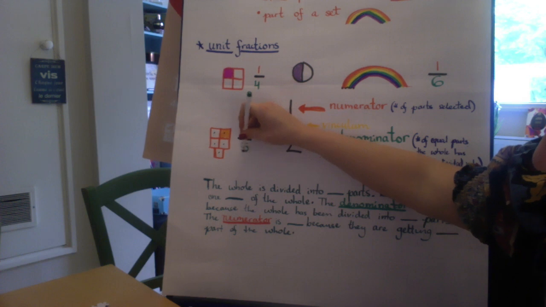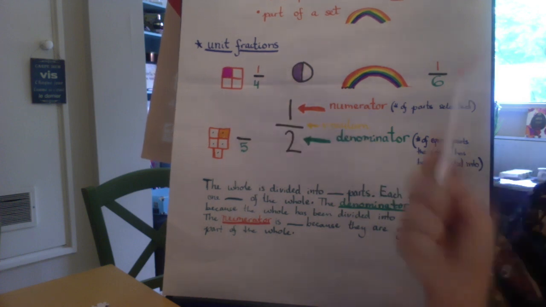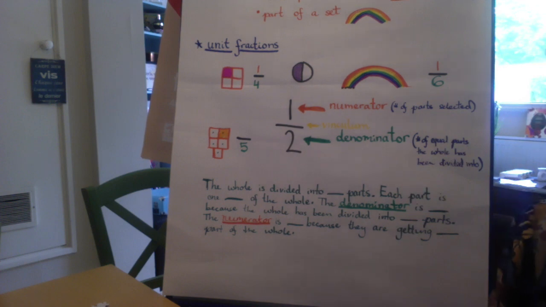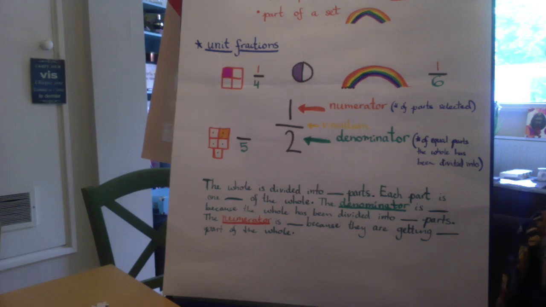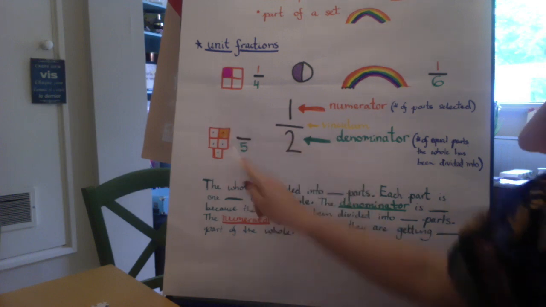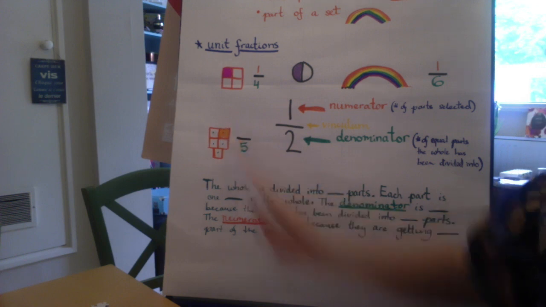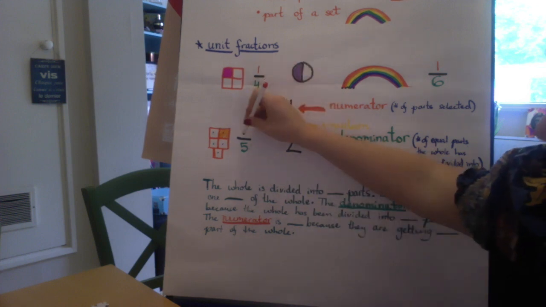Now I need to look at my numerator. Again, you are very clever, so you know that we're doing unit fractions today. So the numerator would always be 1. But let's just show our mathematical thinking as well. I need to find the numerator, which is the part that's been selected. In this case, this part has been shaded in orange. And already you can just see there's one part that has been shaded in orange.